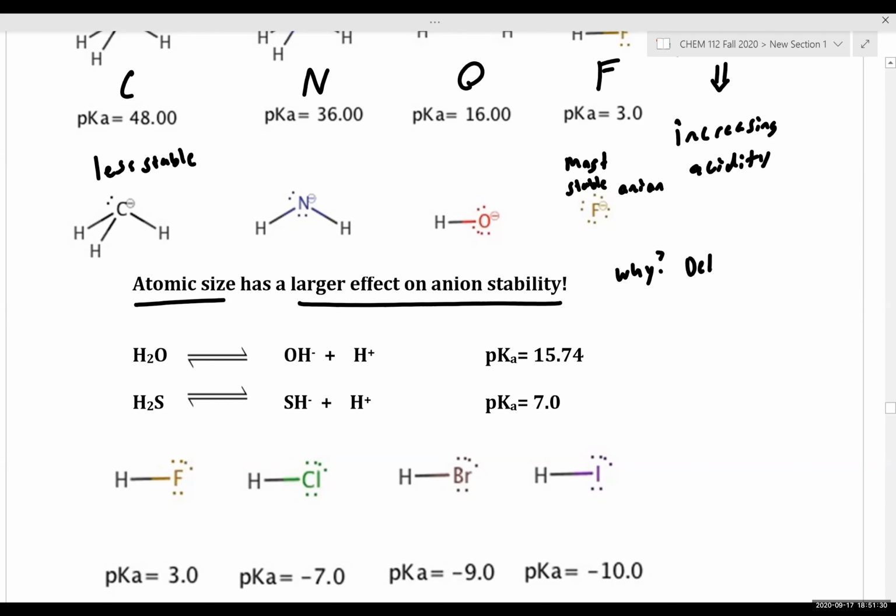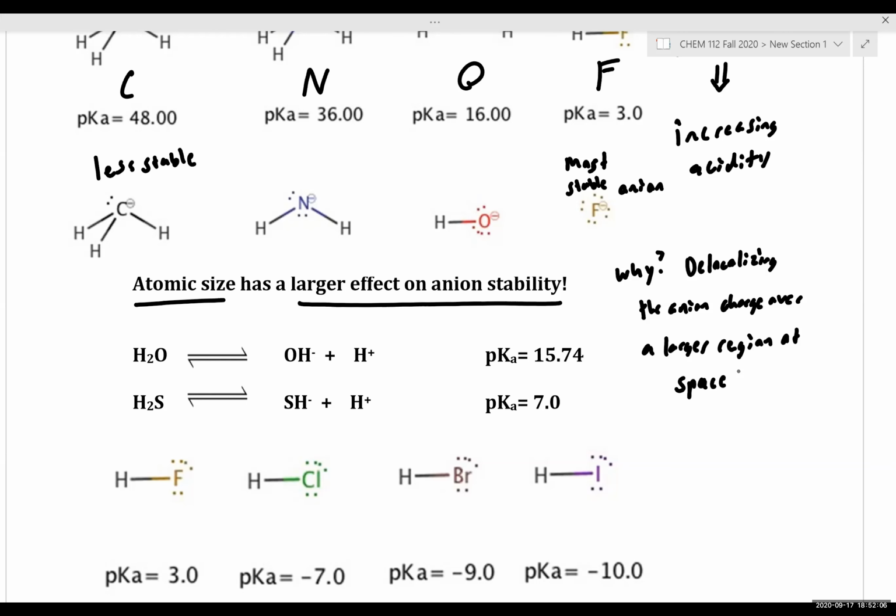Well, you're delocalizing the anion charge over a larger region of space. The larger your atom, the more readily you can delocalize the charge across that larger atomic radius.